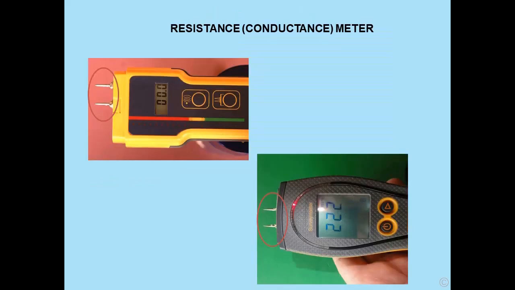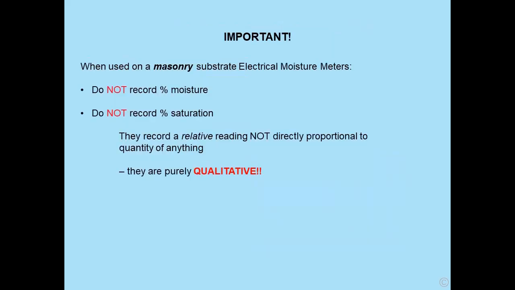However, probably the most common meter is the resistance or the conductance meter, and these measure the electrical resistance of the substrate between two electrodes, two pin probes. Some people call them pin meters. So then, when used on masonry substrates, electrical moisture meters do not record percent moisture, and they do not record percent saturation.